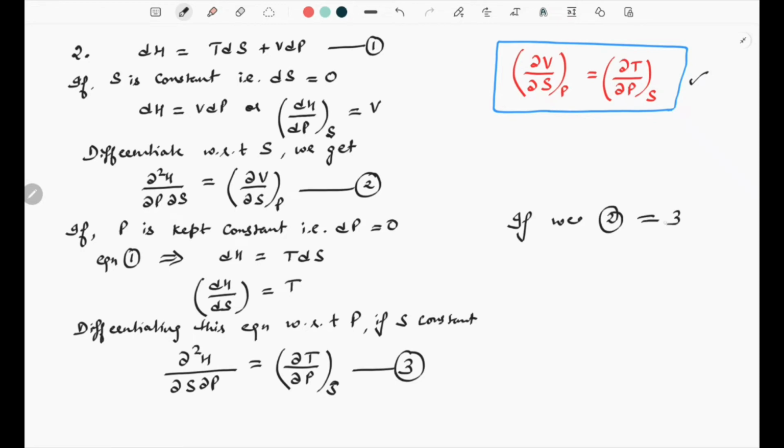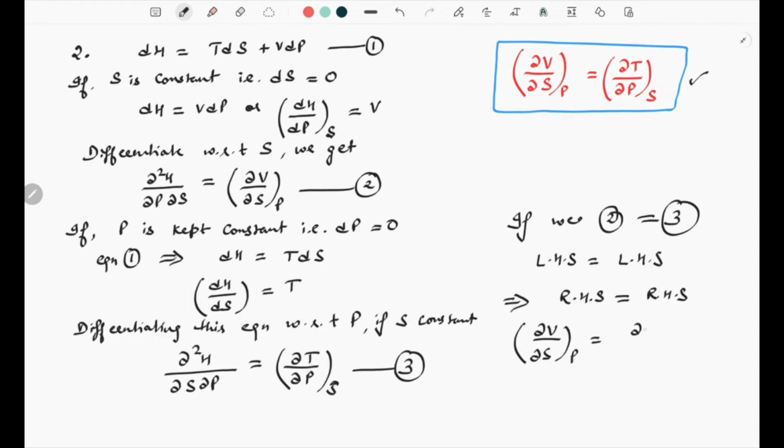If we equate equation 2 to equation 3, that is once again left hand sides are equal. This implies right hand sides must be also equal, that is ∂V by ∂S at constant pressure must be equal to ∂T by ∂P at constant entropy.